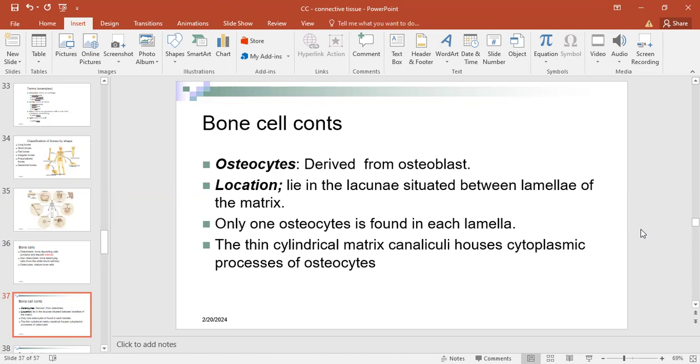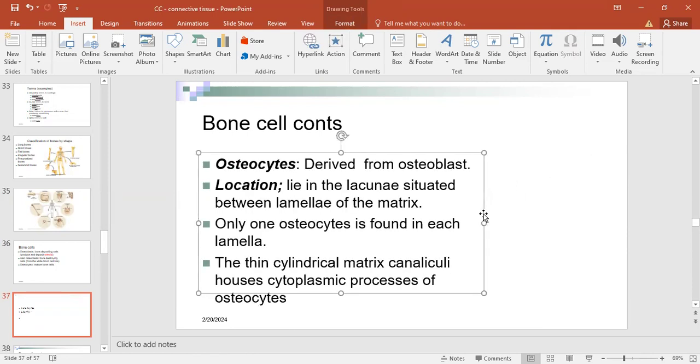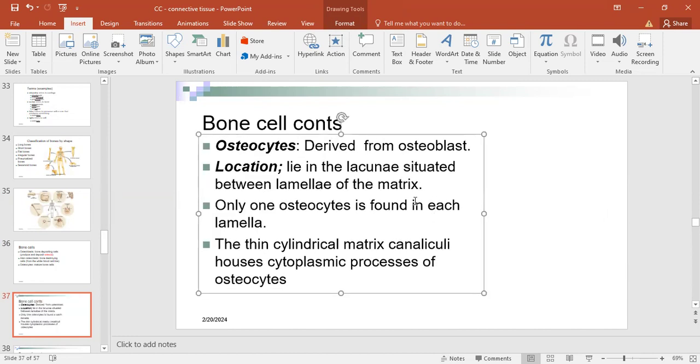When we grow and reach menopause, we don't want to do anything, we retire and sit at home, we've already done everything, so we will now be called osteocytes. The osteocytes are found in spaces known as lacunae.